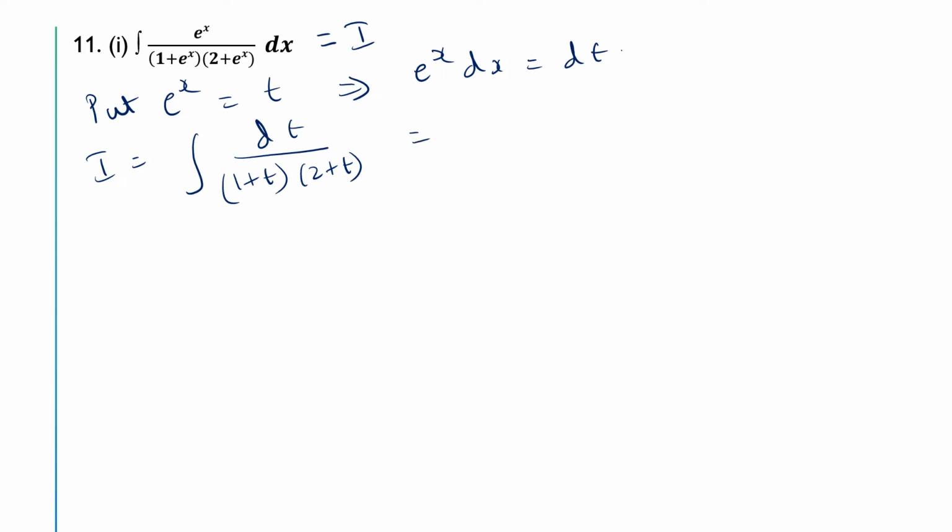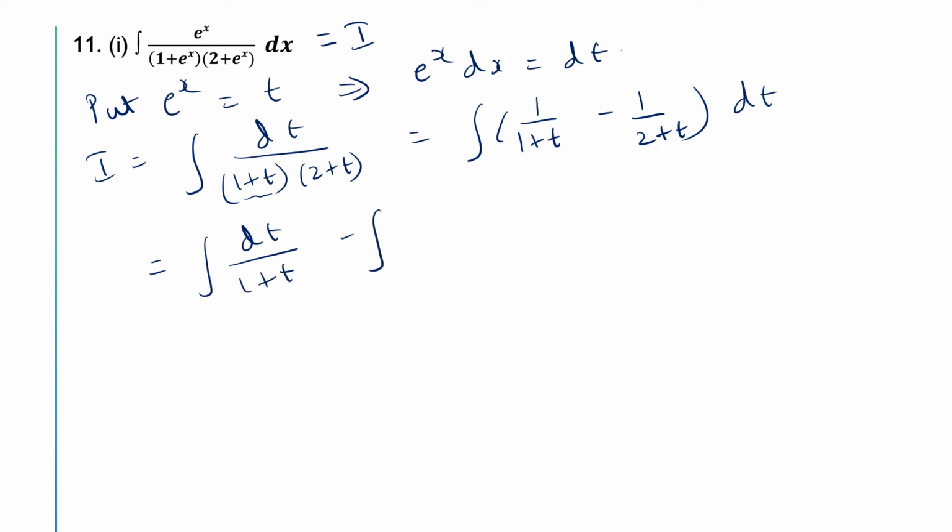Now this is equal to integral. So this is the partial fraction form. So it is 1 by 1 plus t minus 1 by 2 plus t into dt. So this is equal to integral dt upon 1 plus t minus integral dt upon 2 plus t. So this we can integrate easily.